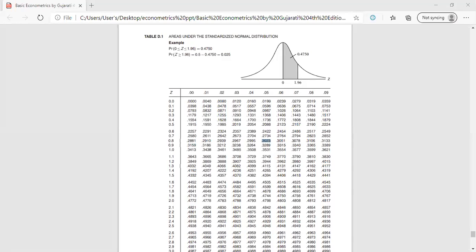Professor, why is it less than 0.85? Yeah, I'll explain why we are looking at this, okay? But first, let's find the probabilities.